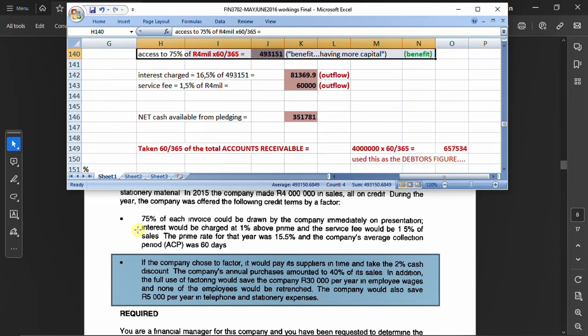Remember, they said the pledging process: when a firm requests a loan against trade receivables, the lender first evaluates the firm's trade receivables to determine their desirability as collateral. The lender makes a list of the acceptable accounts along with the billing dates and the amounts. The borrowing firm requests a loan for a fixed amount.